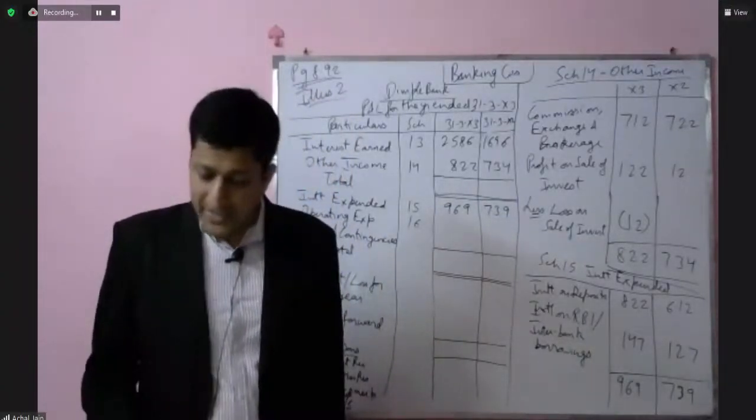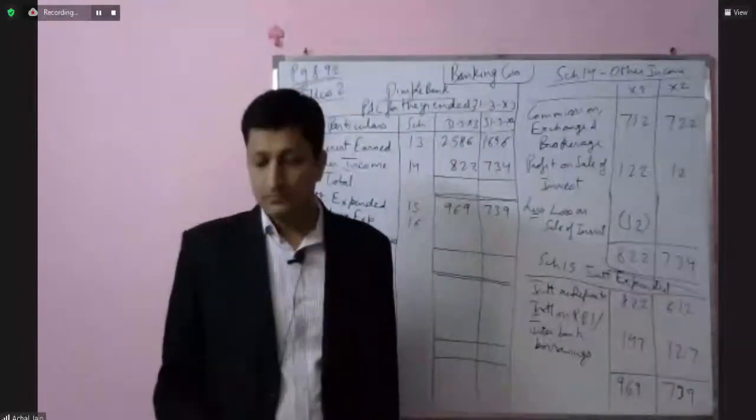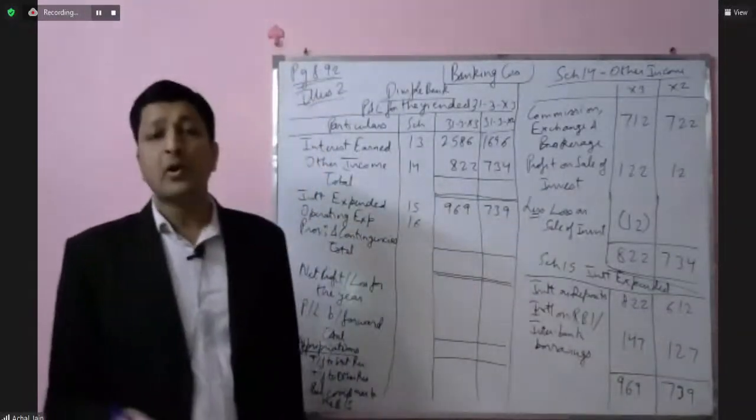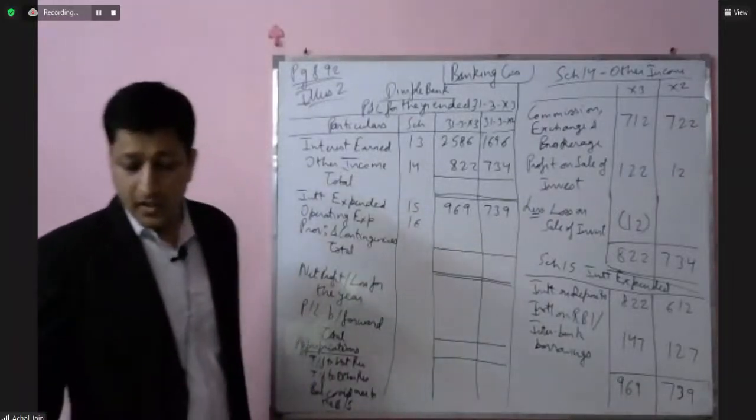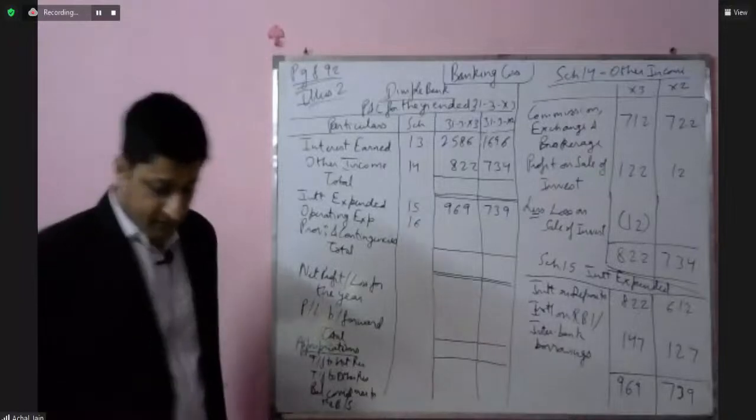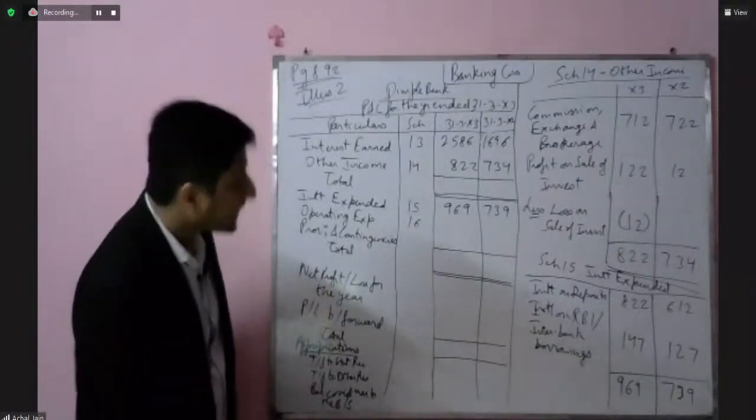Now all the remaining expenses, where do they go? If you'll see, most of them belong to operating expenses. So the last category is the one which they belong to, operating expenses.